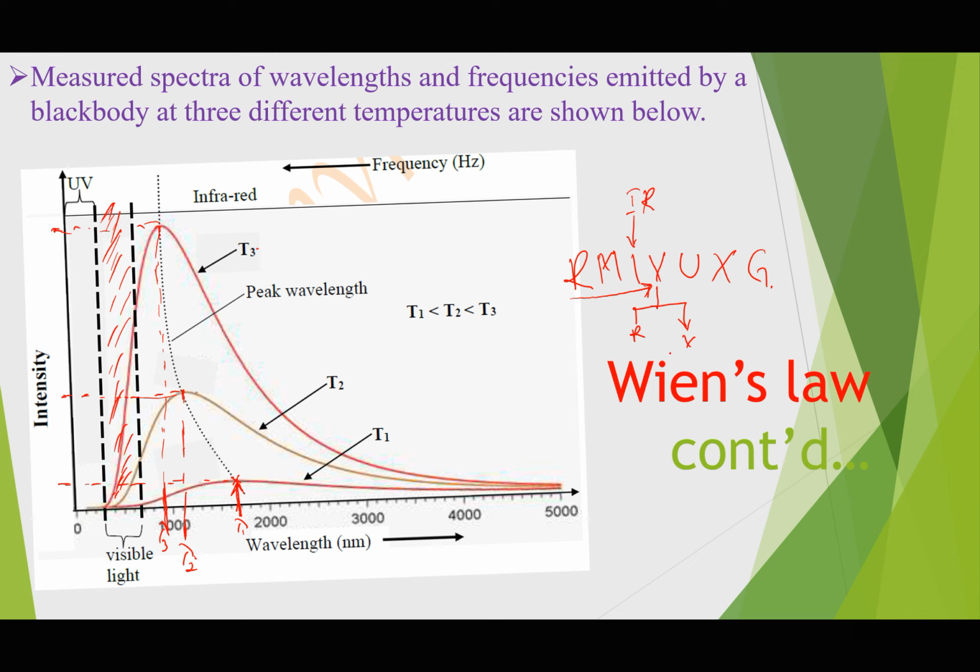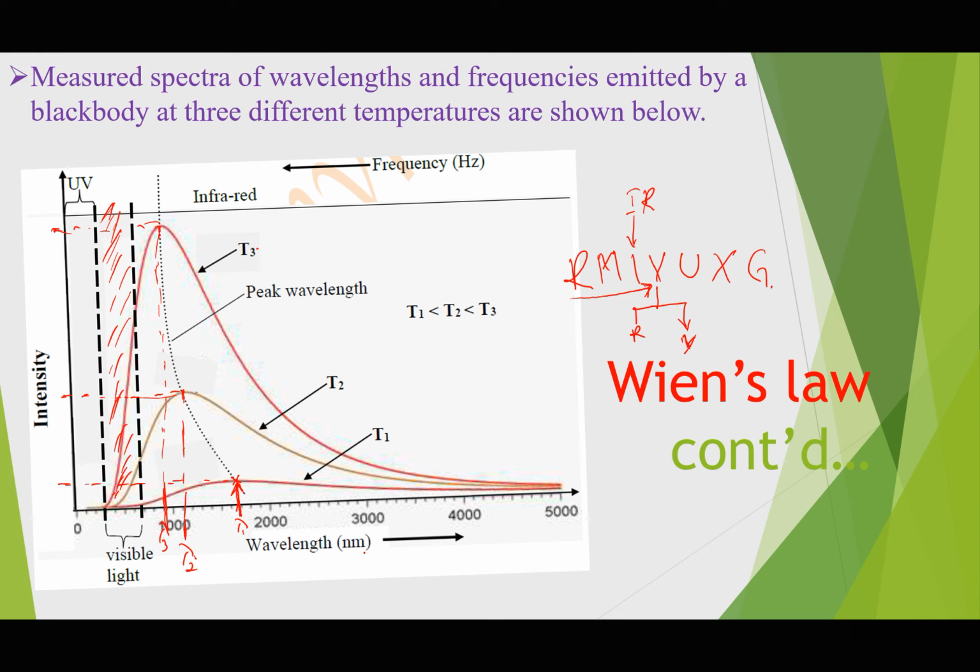And if you continue heating and heating, we may end up at violet because the wavelength is decreasing as the temperature increases. So this is called the characteristic graph, which shows the intensity against wavelength of a black body whose temperature is increasing.